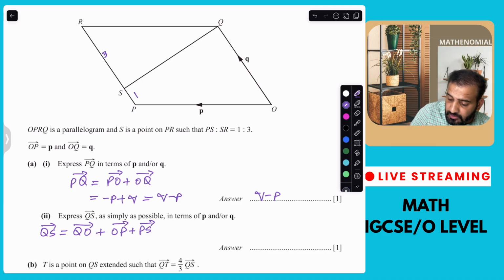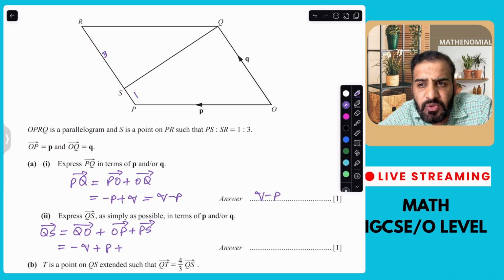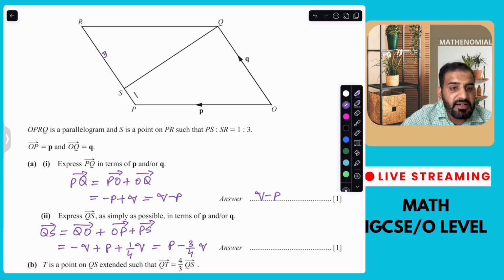Okay. So QO is minus Q plus OP is plus P plus PS. PS is just like Q because it has the same direction as Q, but it is 1/4 of Q. Okay, it is 1/4 of Q. So -1 plus 1/4 is P minus 3 by 4 Q. That's it.